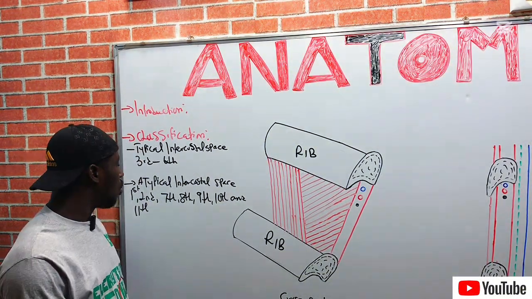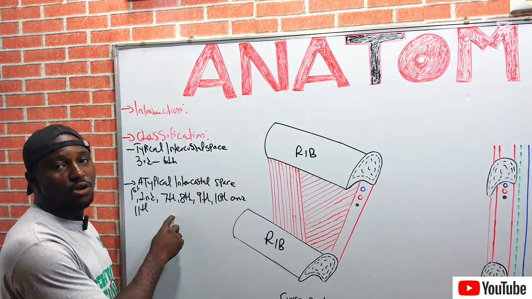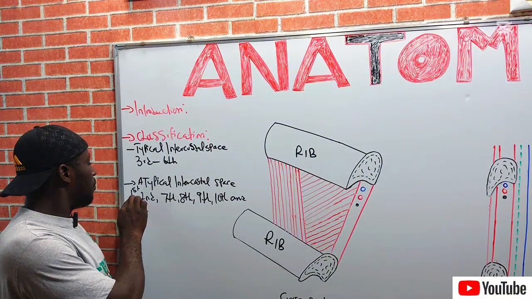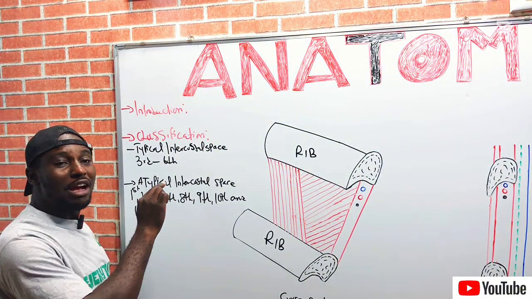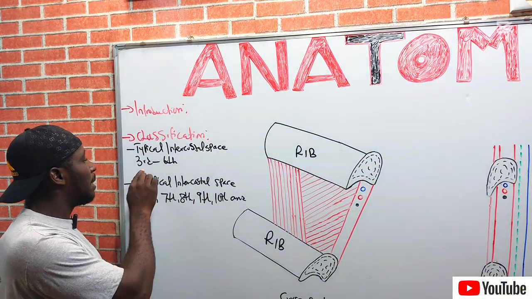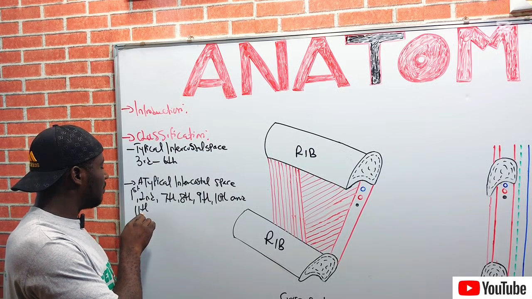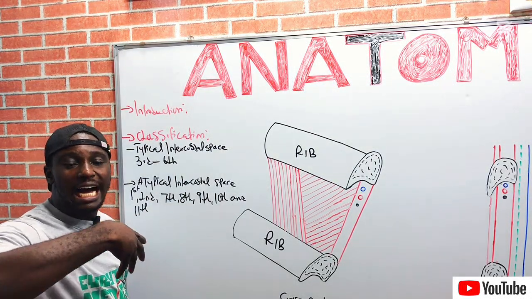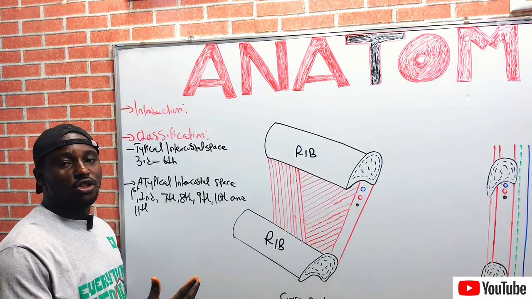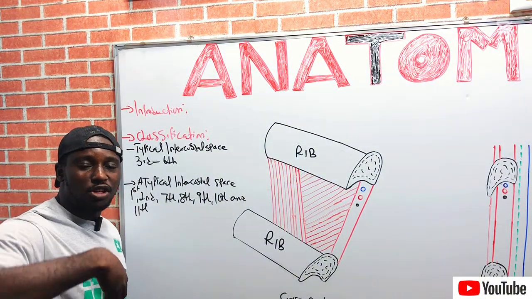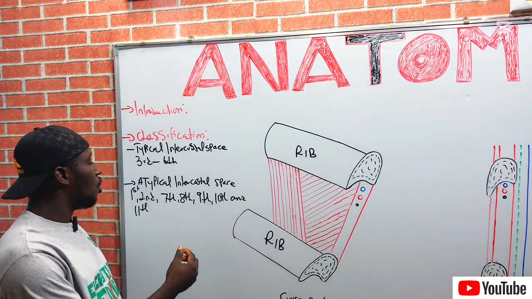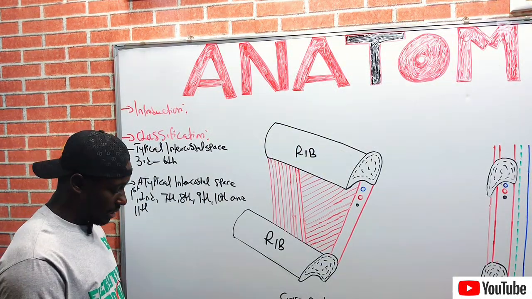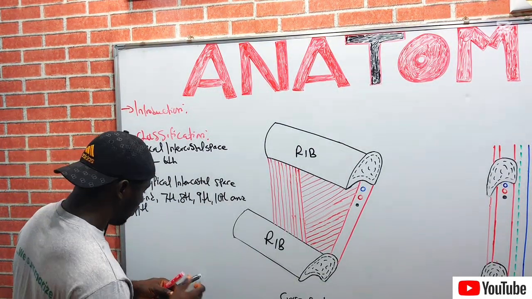That is why they are called atypical intercostal space, because the blood vessels of these spaces supply other regions. They do not supply the confines of the thorax. That is why they are called atypical intercostal space. That is how that is fashioned.